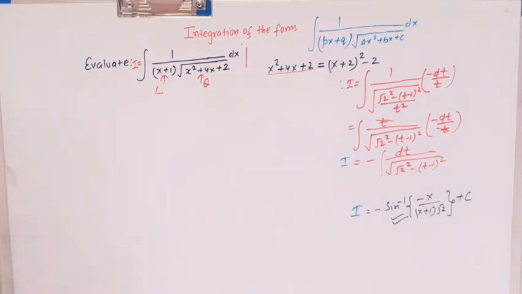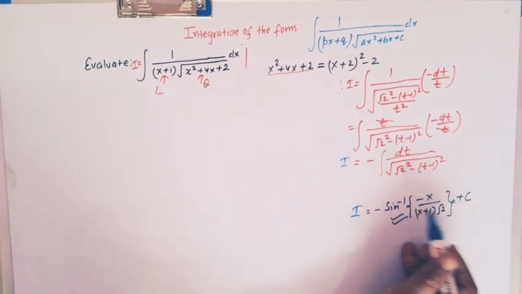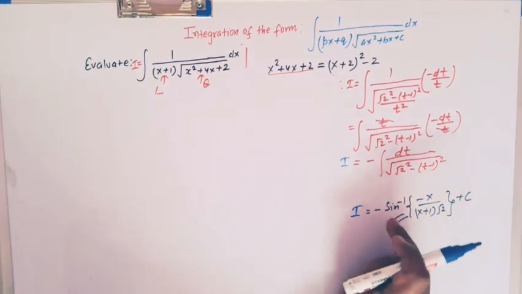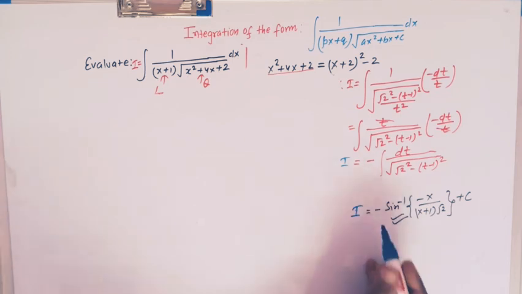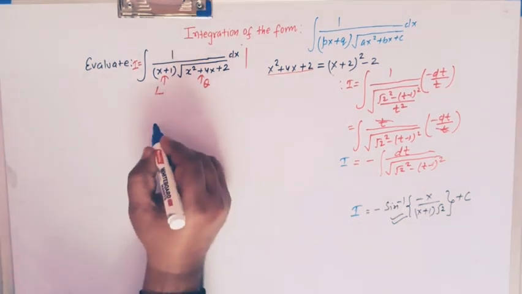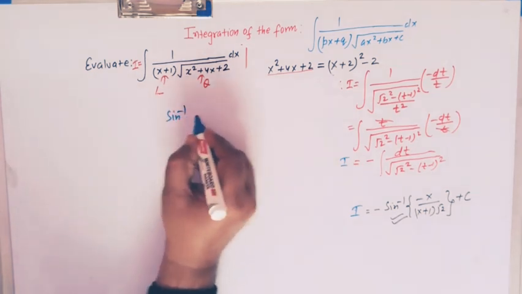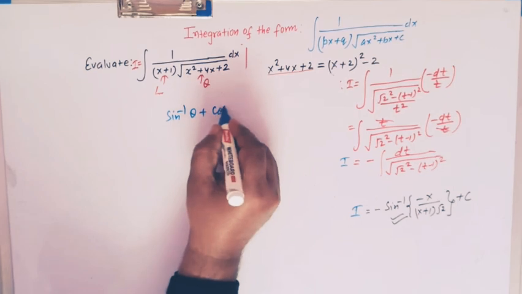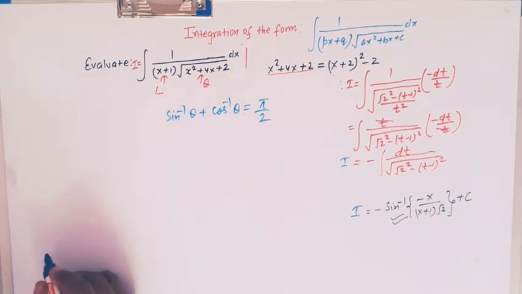Now viewers, there is an interesting fact here. We can also express this result in terms of cosine inverse function, right? So for this we'll make use of the result from inverse trigonometric functions, which says that sine inverse theta plus cos inverse theta is equal to pi over 2, right?